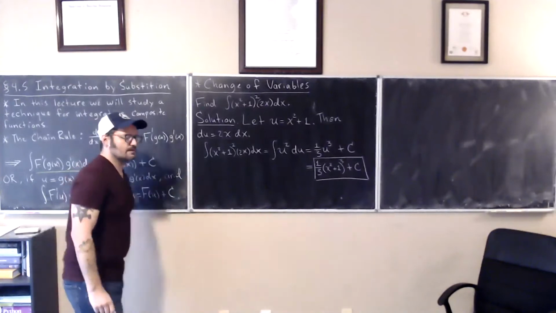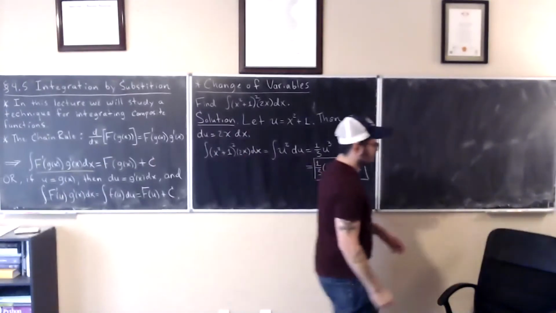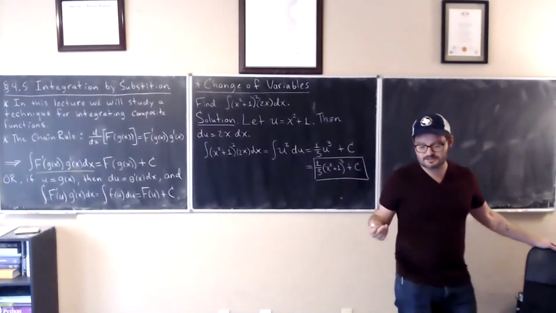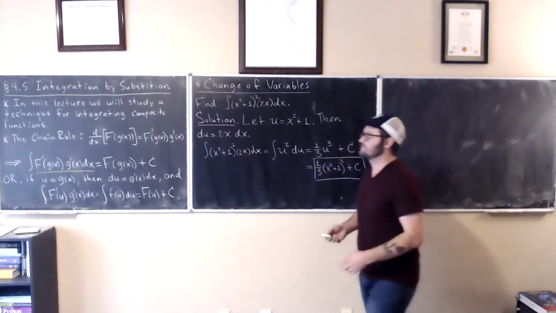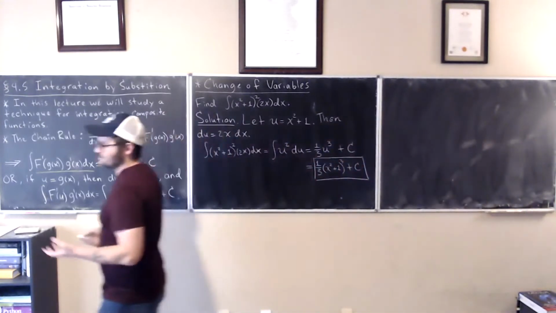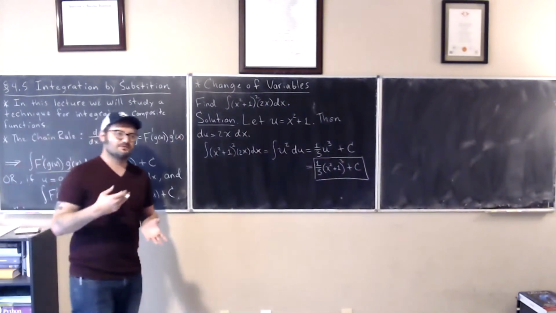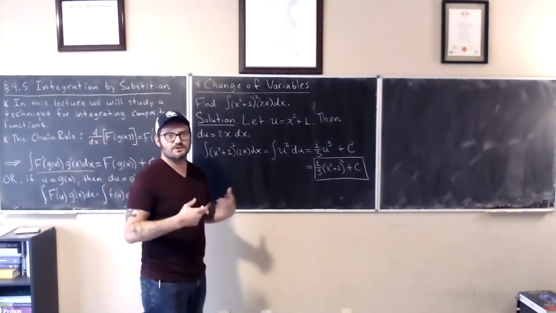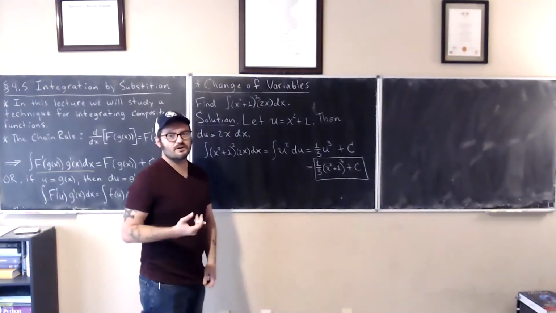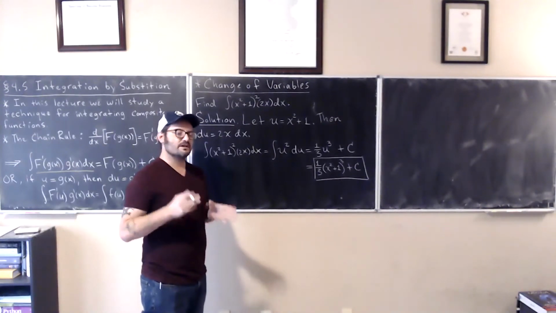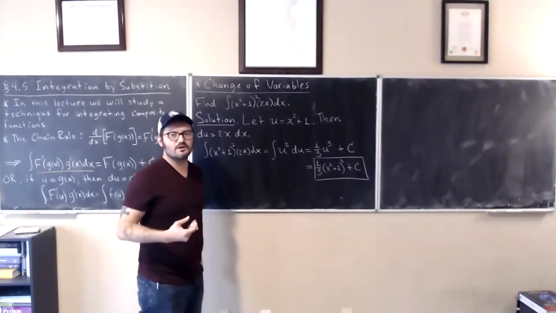Okay, and it's that simple in this case, but we're going to see that sometimes it can be a headache trying to determine the right choice of u, and you might end up going down rabbit holes when you have a complicated looking integral to evaluate, and you have to really think ahead of time of what the end goal was.